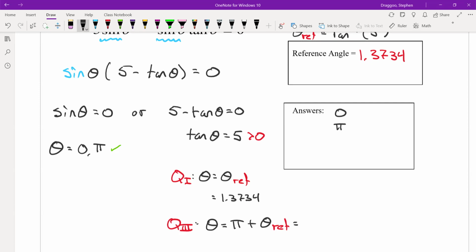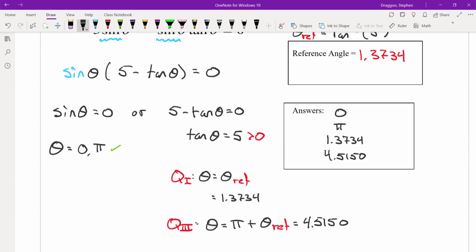And in a calculator, I got 4.5150. So I'll also add both of those two answers to the box. 1.3734 and 4.5150.